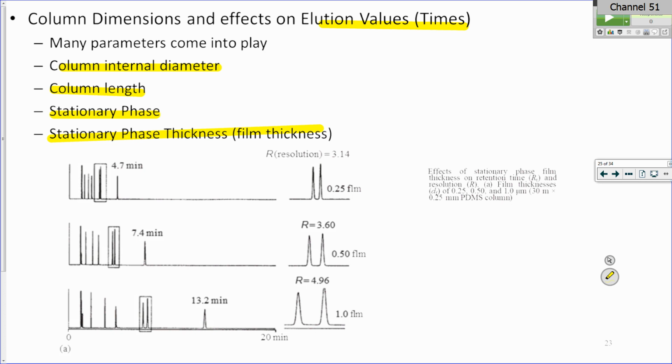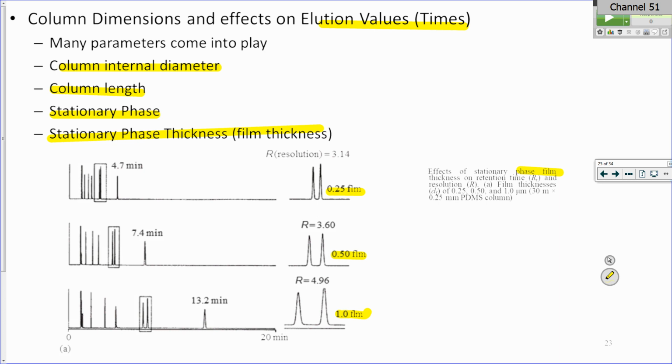But we're going to look at a couple of different examples. This first one is looking at the film thickness and how it varies. So this separation, or this group of compounds that are being resolved, they are run on three different columns at identical length, identical column or oven temperatures. The only thing that varies is the film thickness.